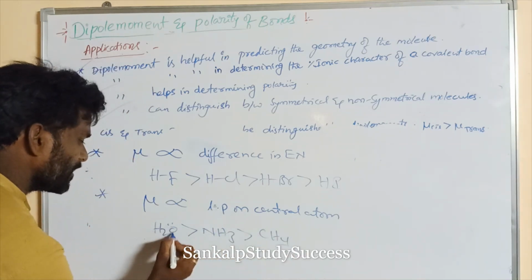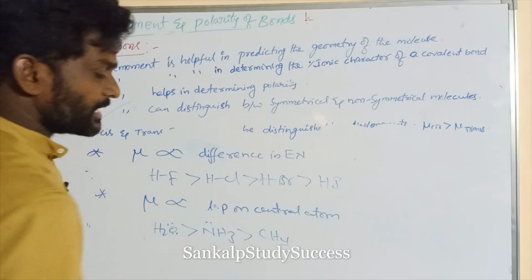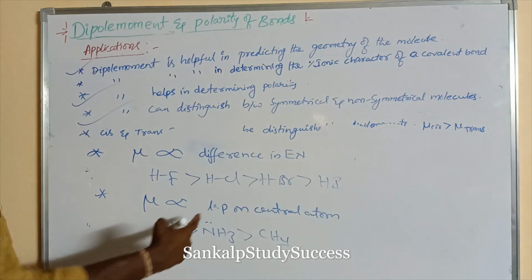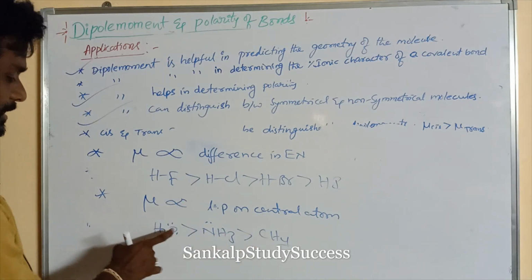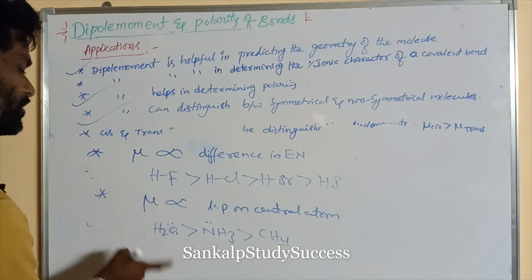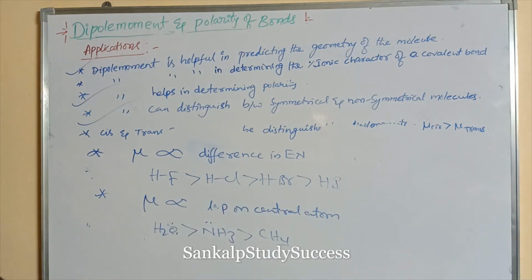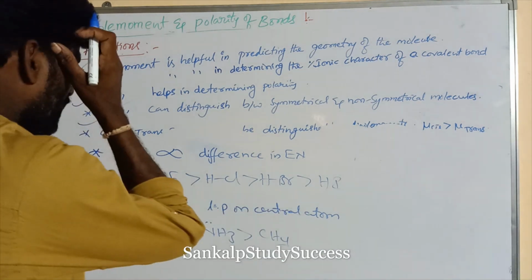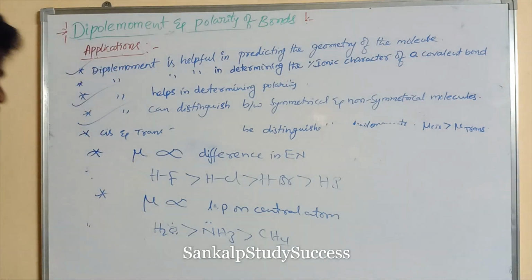H2O has two lone pairs on the oxygen atom, NH3 has one lone pair on the nitrogen atom, and in CH4 lone pairs are absent. So the one with more lone pairs has more dipole moment. So dipole moment is directly proportional to the lone pairs on the central atom in a molecule. Next goes to some questions on dipole moment.